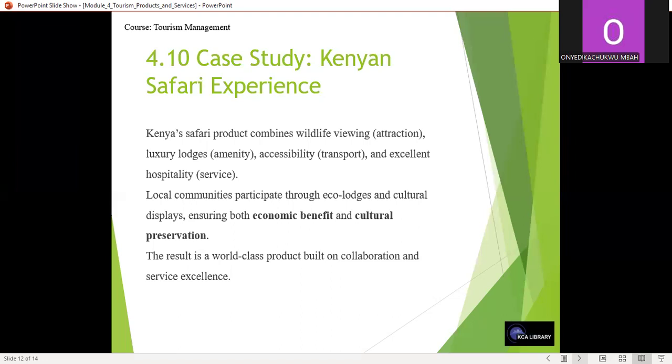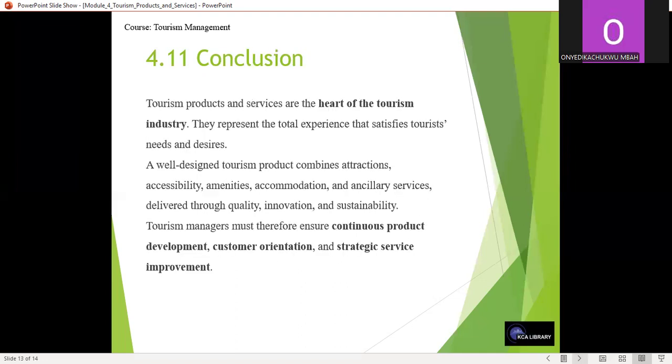The local communities participate through eco lodges and cultural displays, ensuring both economic benefits and cultural preservation. The result is a world-class product built on collaboration and service excellence.